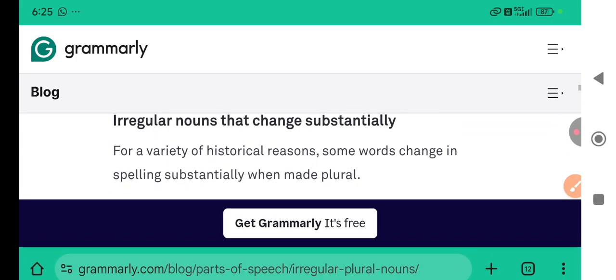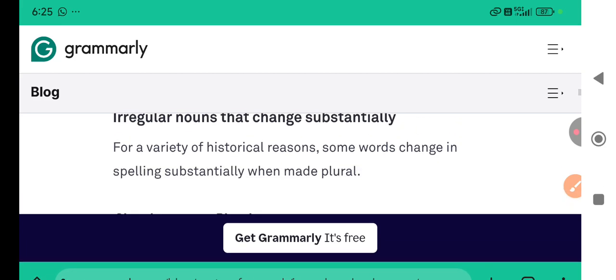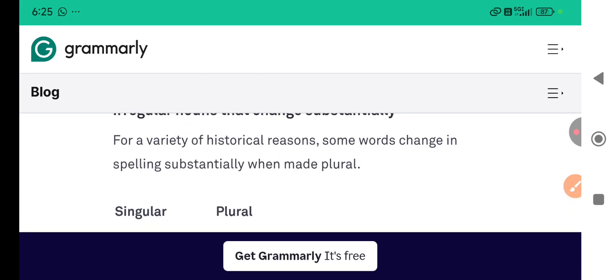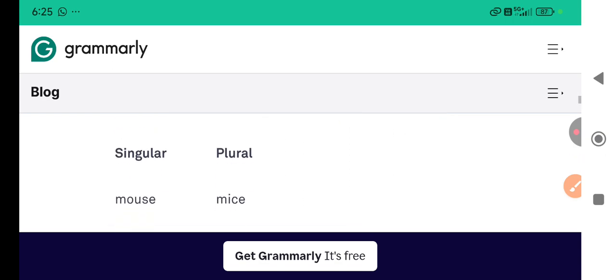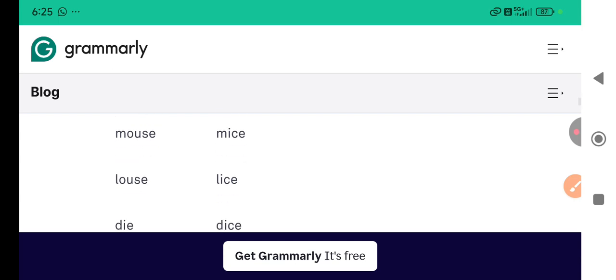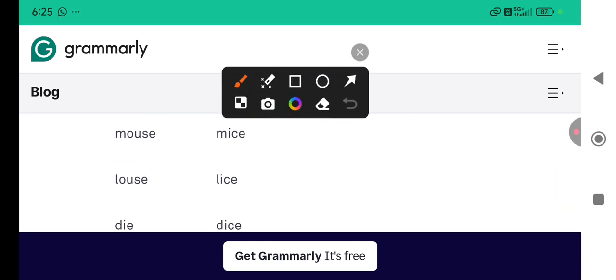Now, irregular nouns that changed subsequently for a variety of historical reasons. Some words change in spelling substantially when made plural. This is very important. Mouse, mice, totally different.